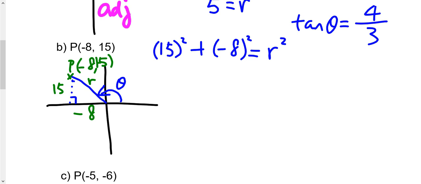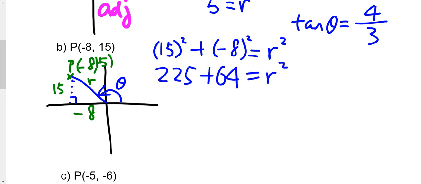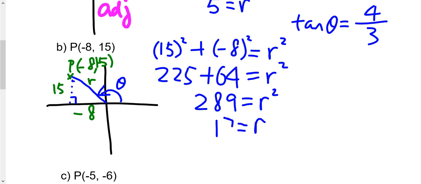So 15 squared gives you 225, and then -8 squared gives you 64, gives you R squared, and then 225 plus 64 gives you 289 equals R squared. And lucky us, it is a perfect square of 17. So if you take the square root of that, R is 17.